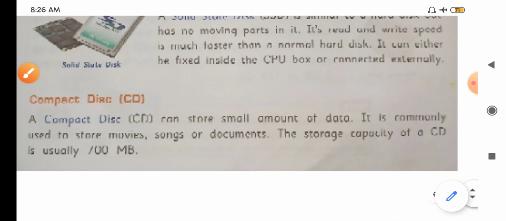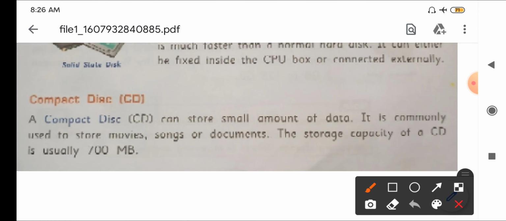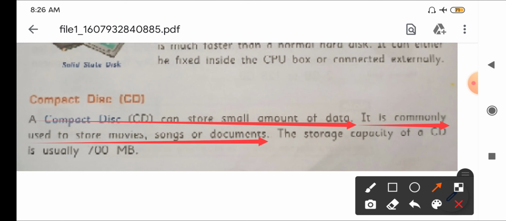Now the next one is the compact disk, that is CD. A compact disk can store a small amount of data. It is commonly used to store movies, songs or documents. The storage capacity of a CD is usually 700 MB.